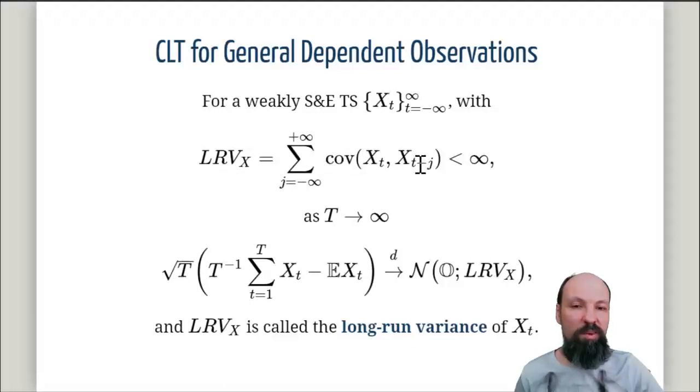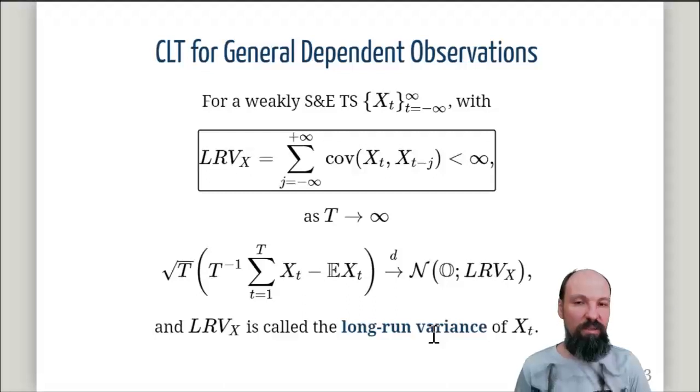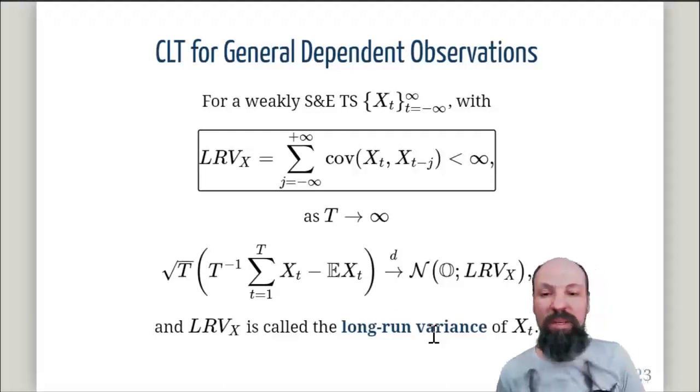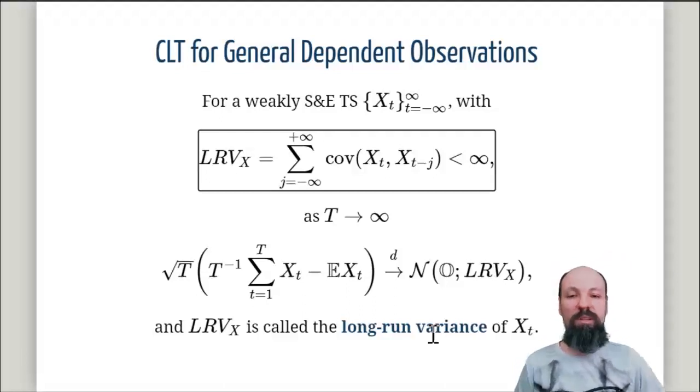The variance appears when you get j equals 0, but then you also have the covariance of x_t and x_{t-1} and so on. Basically, if you have IID here, instead of long-run variance, you will get just variance plus an infinite bunch of zeros, and the theorem will be exactly the same. So this is just one of many generalizations of the central limit theorem, and the one that we need.